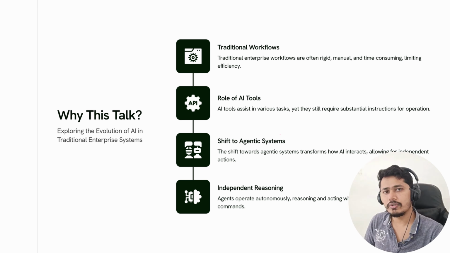You can write custom functions which use your request to send an email. The agents will automatically detect who is the sender, who is the recipient, add the subject and all those details, and trigger the email. So that's how, with the help of tools, agents are becoming more powerful.